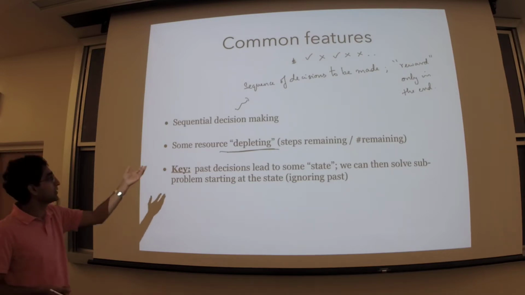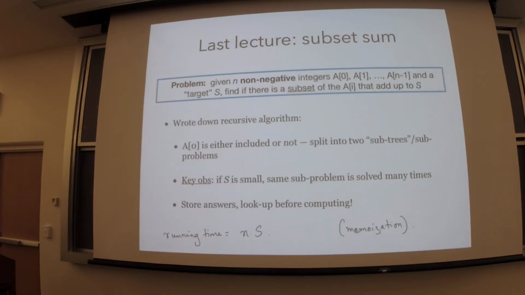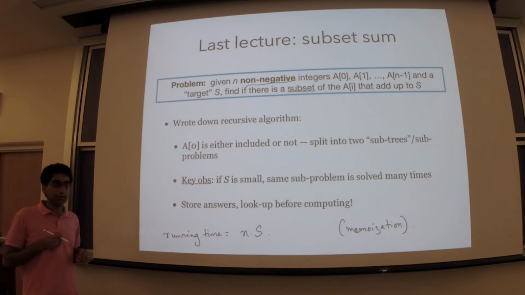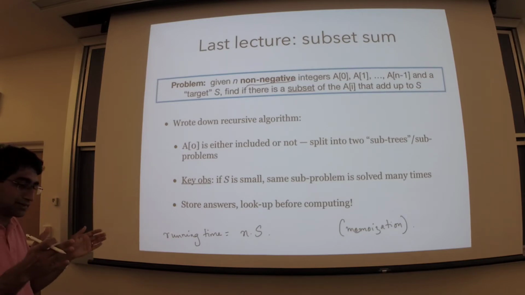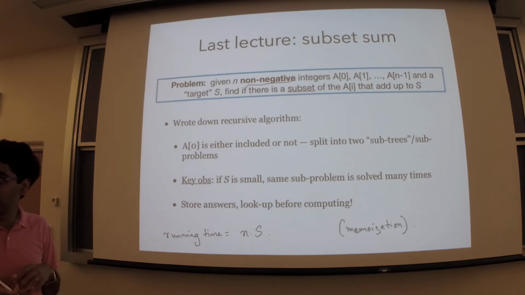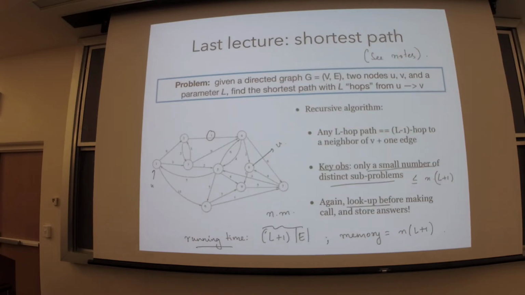And this is the reason why it was very important to have non-negative integers, because otherwise maybe you could go very negative and then come back, and then you could have a much harder problem. But that's actually a good exercise for you to think about. If you have subset sum and you're allowed negative numbers, it very quickly becomes very difficult.